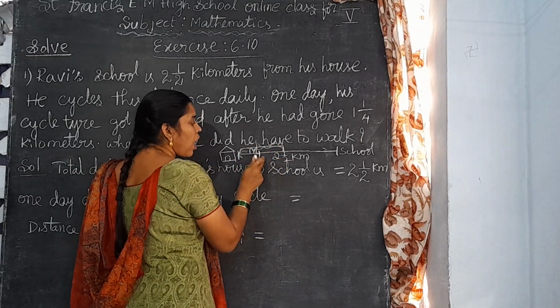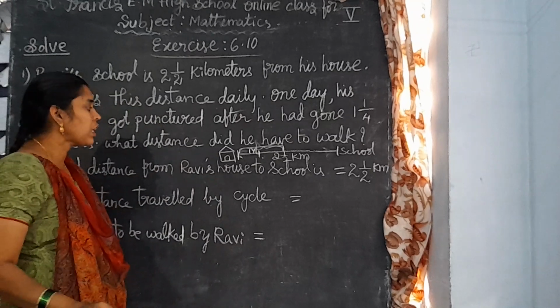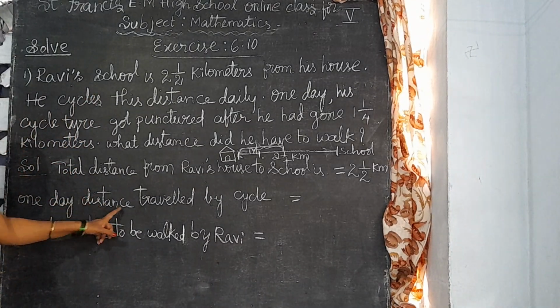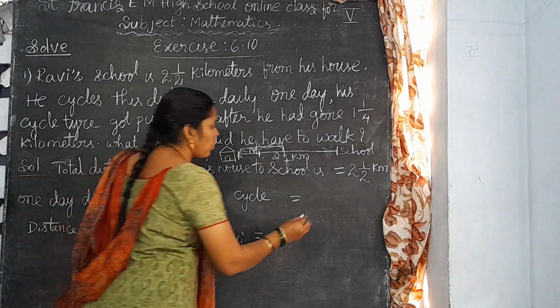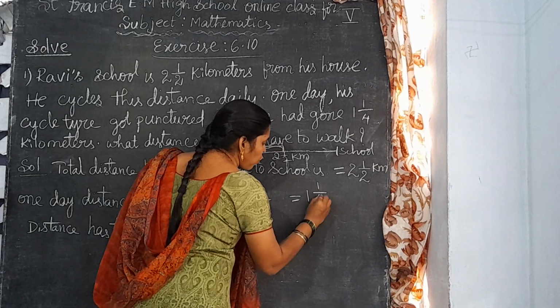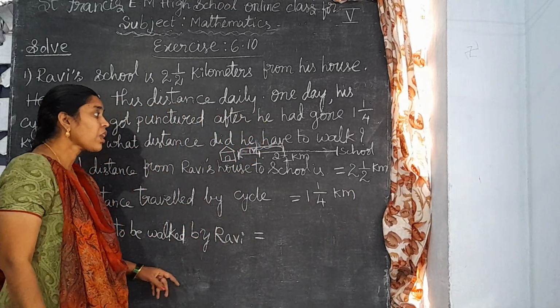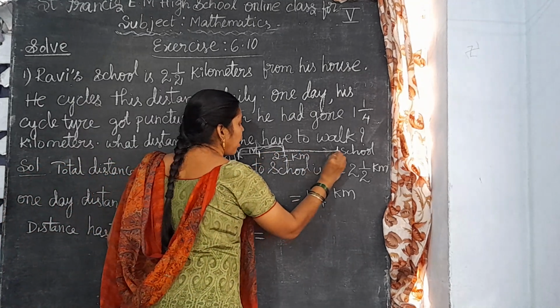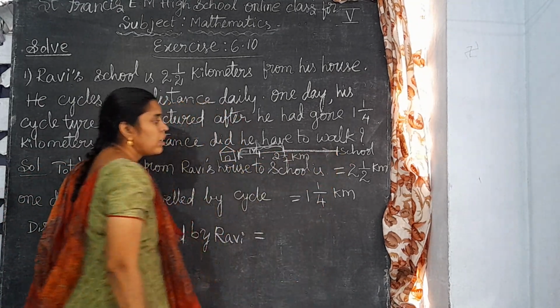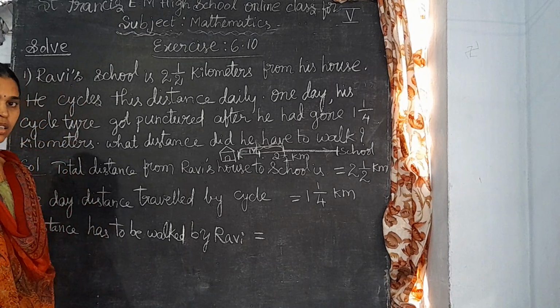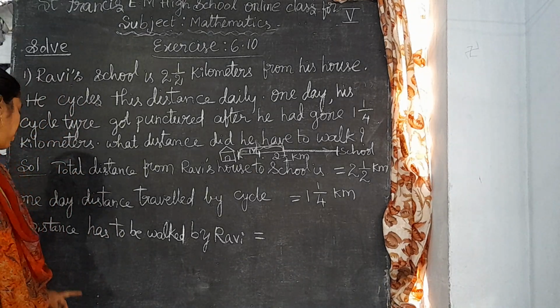Okay, this is not half. So, one day distance travelled by cycle is equal to 1/4 kilometers. Right? Remaining distance, how did he go? By walk. That you have to find out.